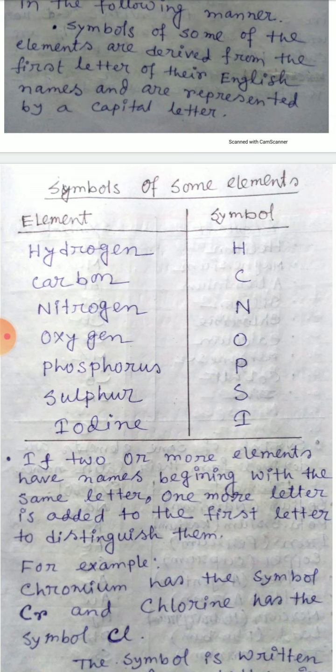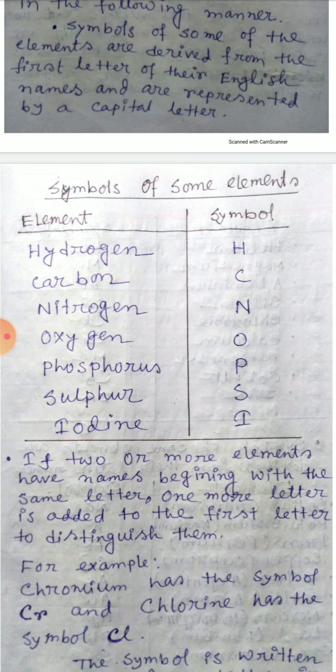Second method: if two or more elements begin with the same letter, one more letter is added to the first letter to distinguish them. For example, chromium and cobalt both start with C, or chromium and copper both start with C. Then how do we symbolize them?